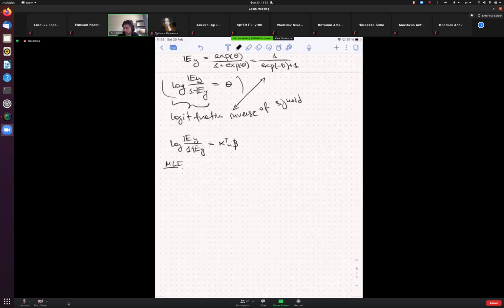We would like to maximize the sum of these terms. What is this? This is the likelihood of the Bernoulli distribution. And it's natural because for a classification problem we would like to model the probability of success of y equal to 1.